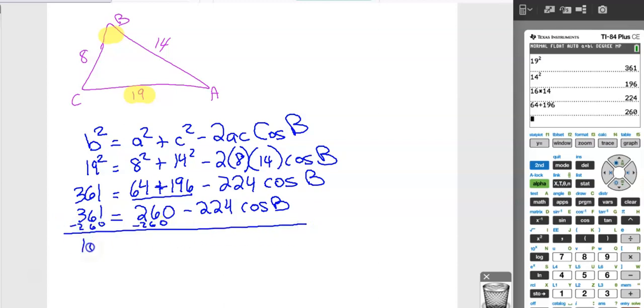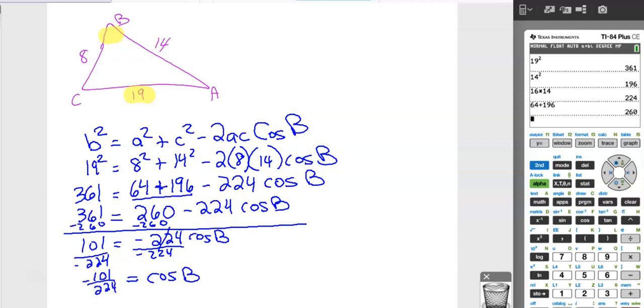So here I'm going to get 101 equals negative 224 cosine of B. And again, I'm trying to find angle B, so I'm going to divide both sides by negative 224. So cosine of B equals negative 101 over 224.